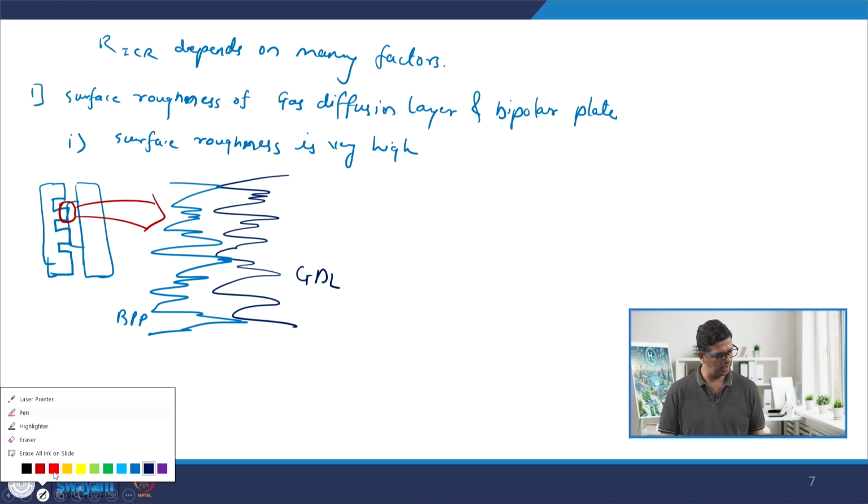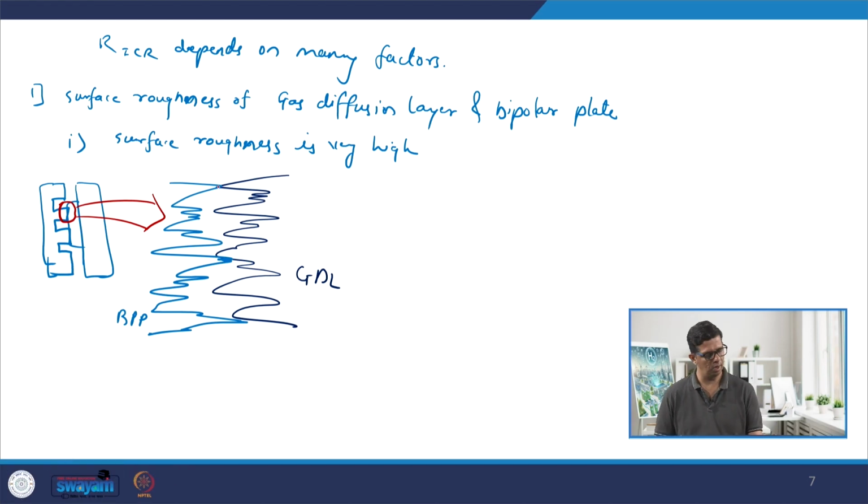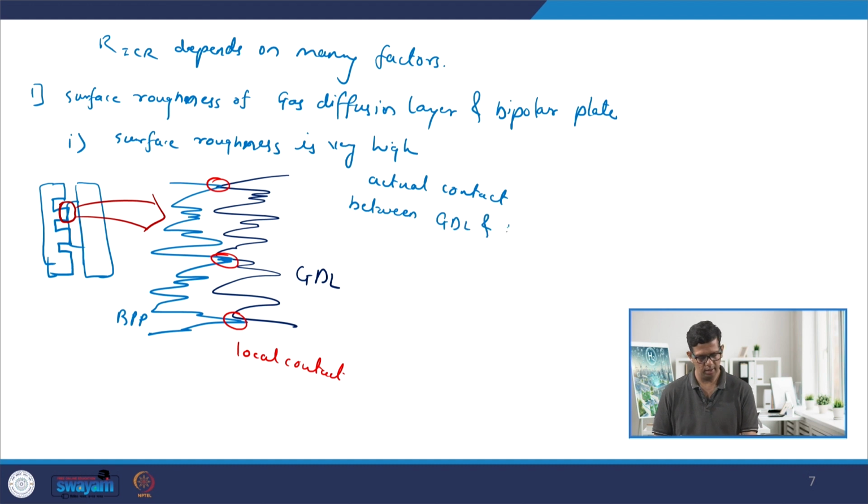We can see that the contact is not at every point. The contact between these two components is very limited. You may expect these to be local contacts, so the actual contact between GDL and bipolar plate is very low.